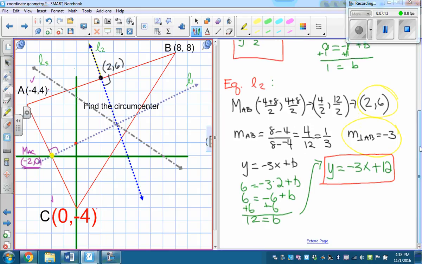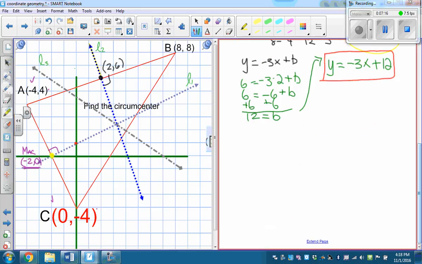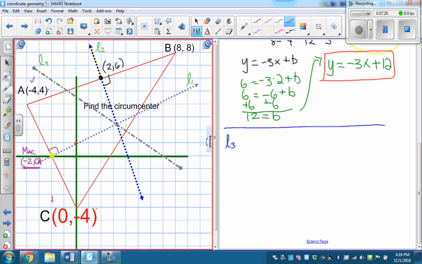So continuing on the last line, line 3, I need to find this midpoint.